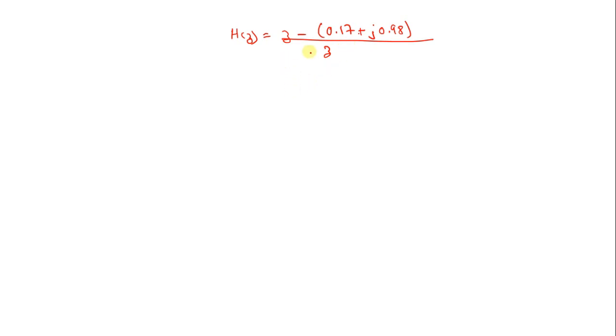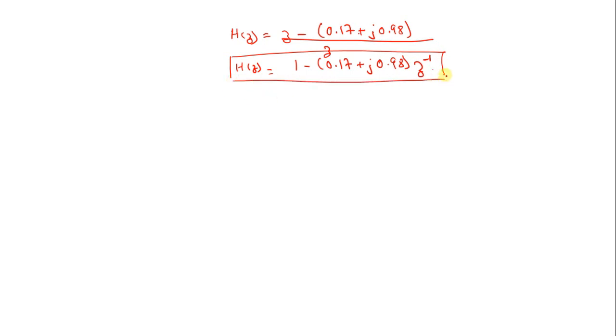So what should your transfer function be? It should be 1 minus (0.17 plus j 0.98) z, sorry, z inverse. So this should be your transfer function.